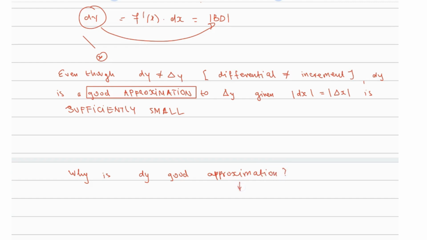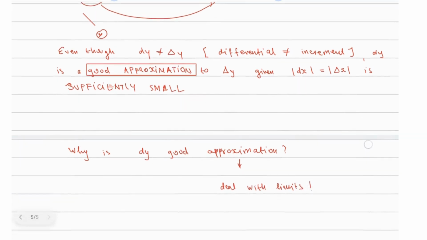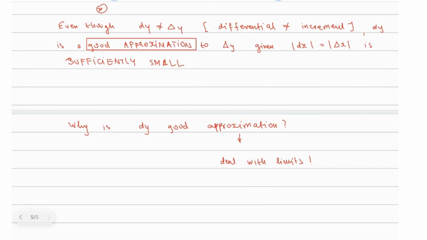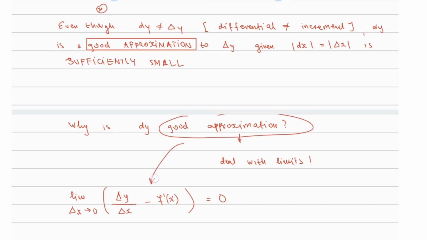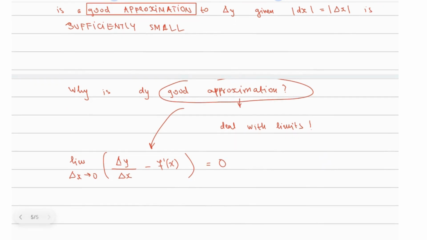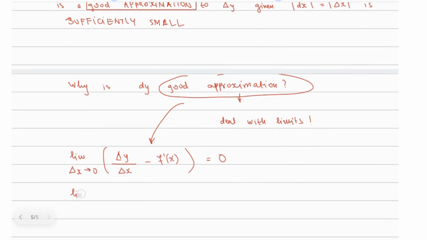Well, when we have approximation, we deal usually with limits. Basically, what we will prove is that the limit, when delta x or the differential goes to 0, of the increment of y over delta x minus f prime of x, is 0. That means that this is a good approximation.